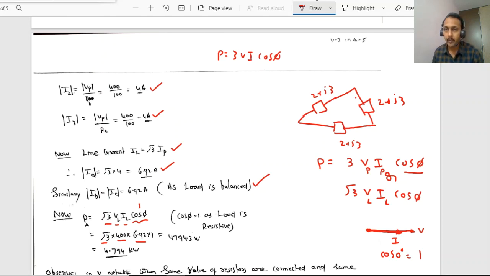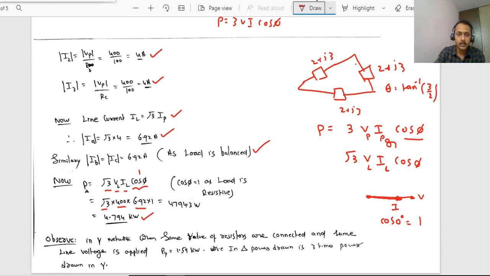Theta equals tan inverse of XL by R. The angle theta will be tan inverse of 3 by 2. That much will be the angle. Clear? Now, in this case, we are given the resistors. Therefore, 4.794 kilowatts. This is the power drawn by the circuit.